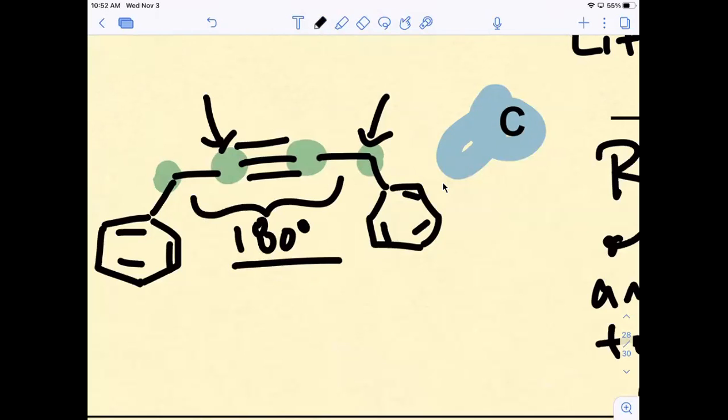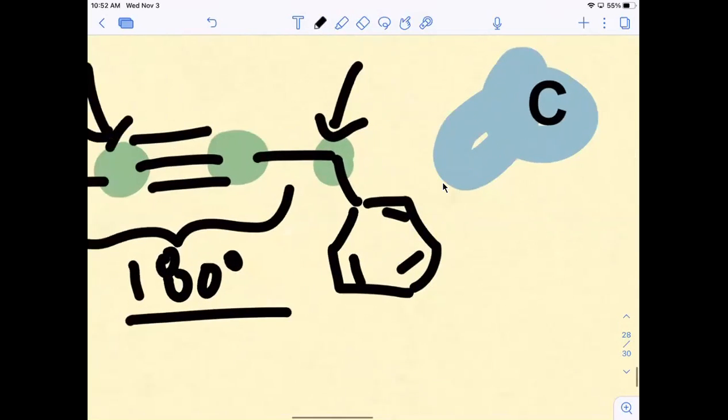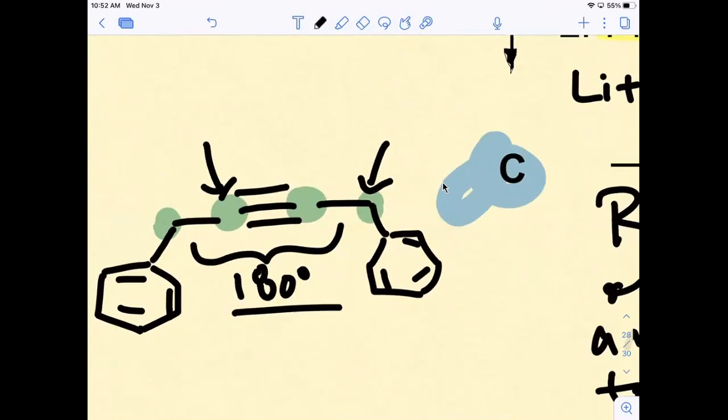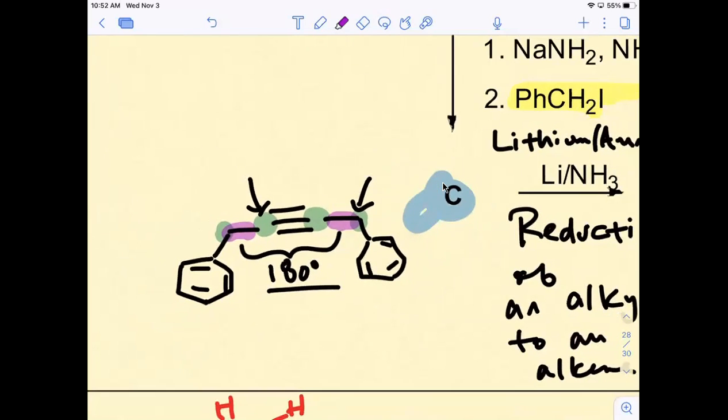Now you can look at the two groups and say that they're on the same side, but there's nothing that governs that, because you can always rotate around the single bond here. So they can be up, down, same side, opposites, it doesn't matter. But there's no cis or trans on the actual triple bond. Okay, so it only relates to double bonds.